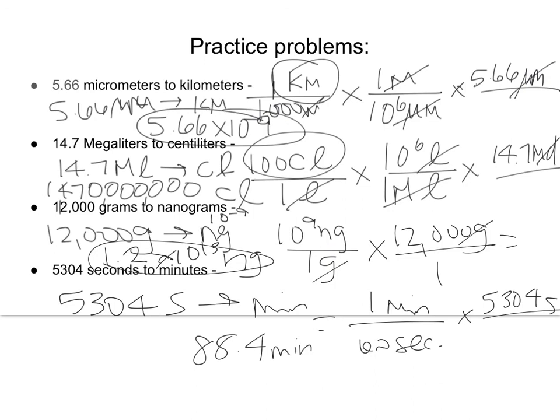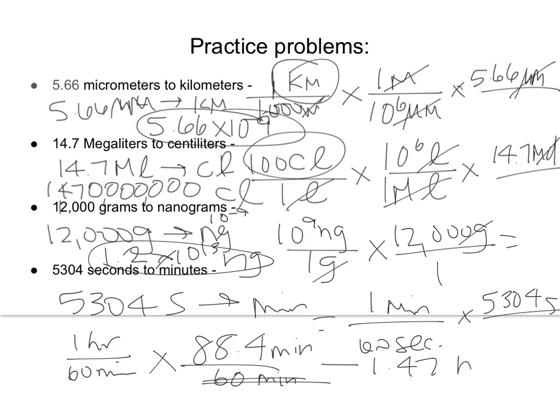And if we wanted to, because that is larger than 60, we could even convert that to hours, right? So we could just divide again by 60 minutes. Oh, I'm sorry. We could multiply 1 hour over 60 minutes, right? And do a little 88.4 divided by 60, and that would give us 1.47 hours if we wanted to do that, okay?